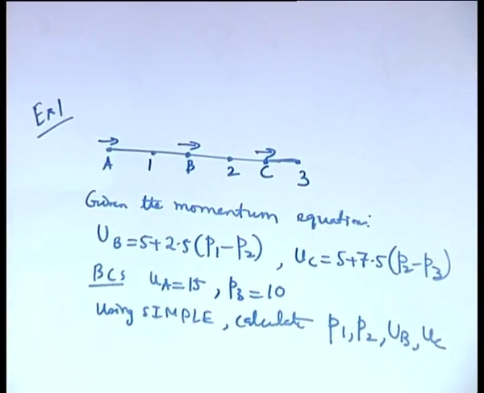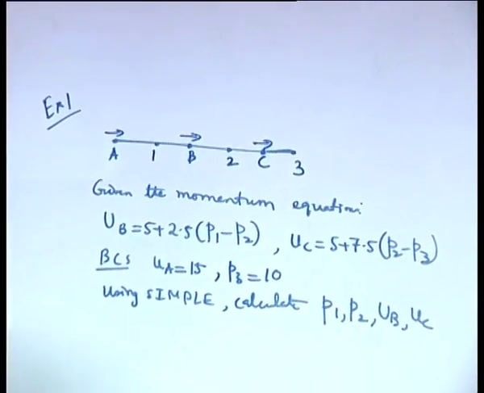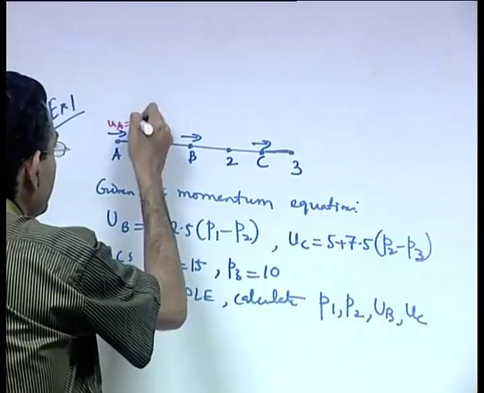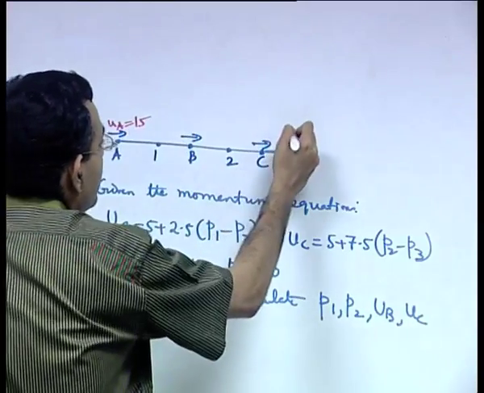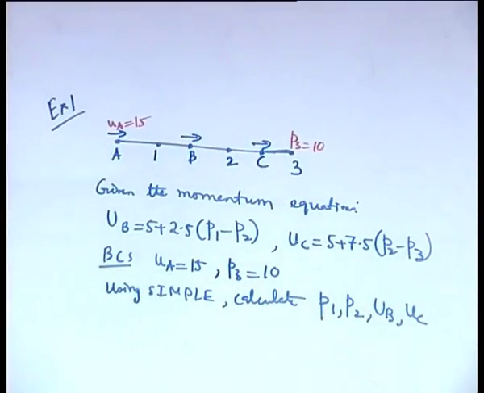So, let us mark the given values in the figure just for convenience. UA equal to 15 with some arbitrary units, P3 equal to 10, and the grid points are equidistant.